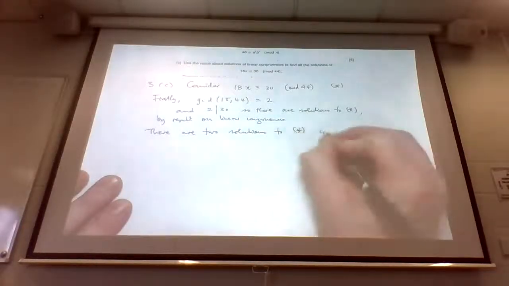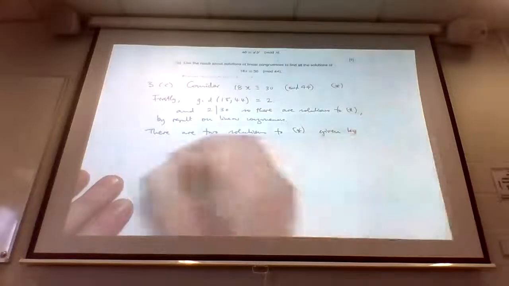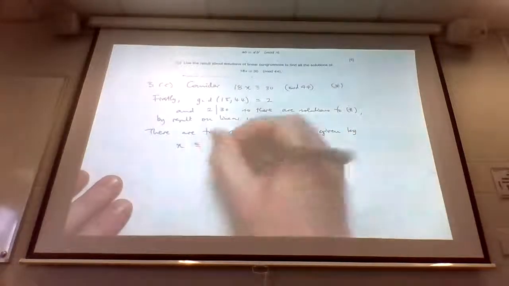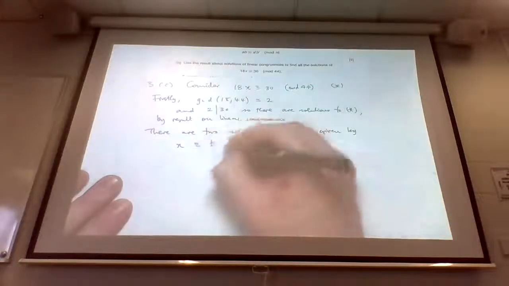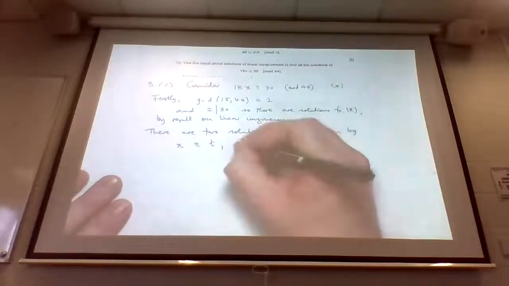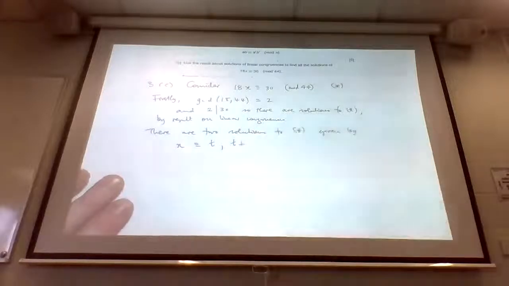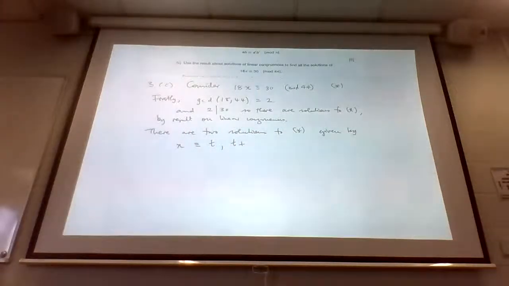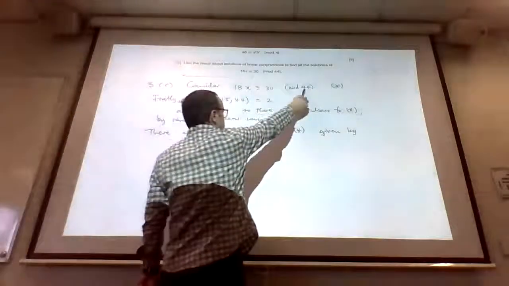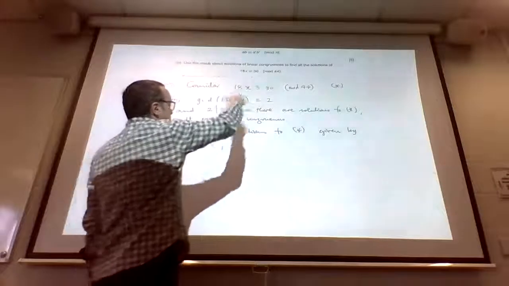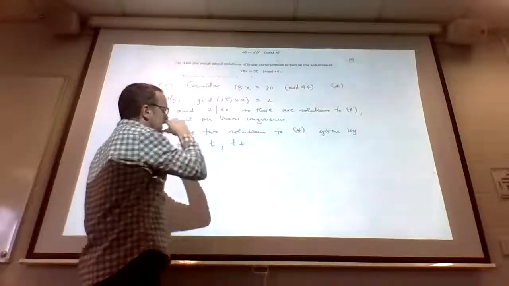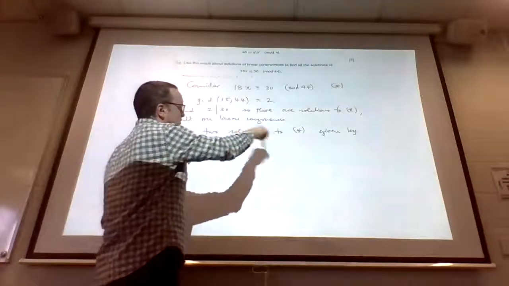And there are 2 solutions. And these are given by x congruent to t and x congruent to t plus the new modulus. So the new modulus, when we reduce this modulus down to 1 congruent to 22, we'll find one unique solution to that, and then we look at another representative of it.